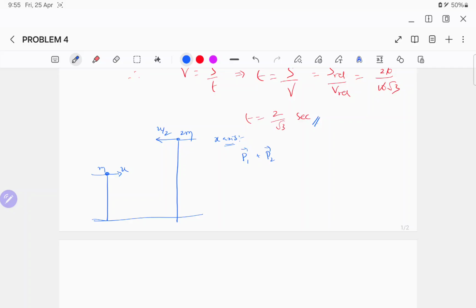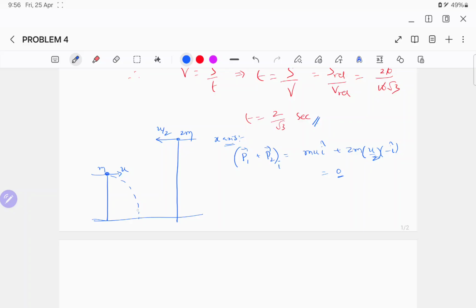Because in this system the two particles have no external force, only along the x-axis. Along the y-axis I should not consider momentum, because there is a gravitational force, which is like an external force. So the initial momentum is m u i cap, and for mass 2m into u by 2 the direction is minus i cap. So the total momentum of the system along the x-axis is 0.